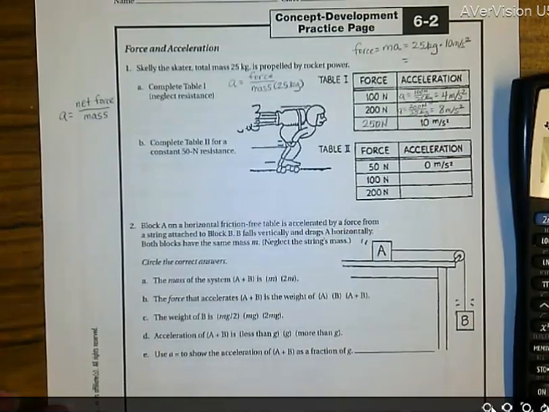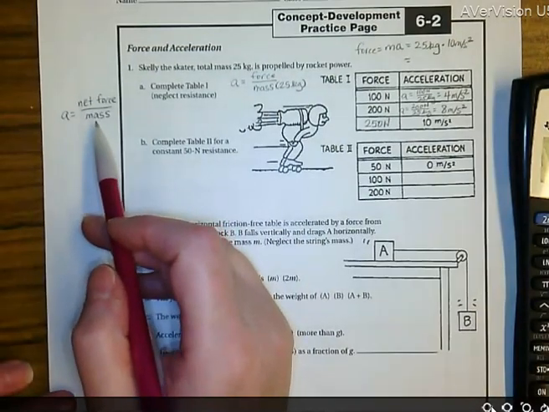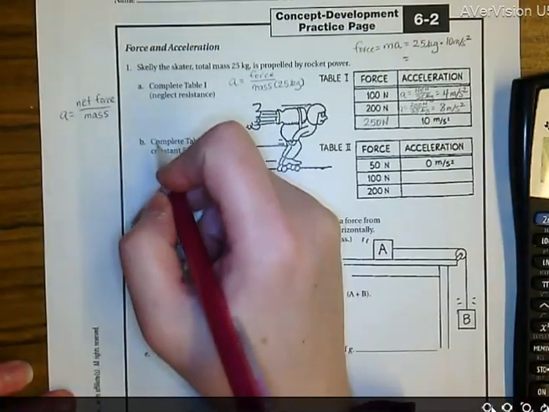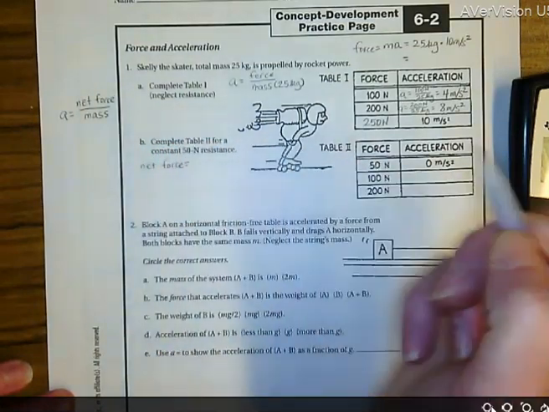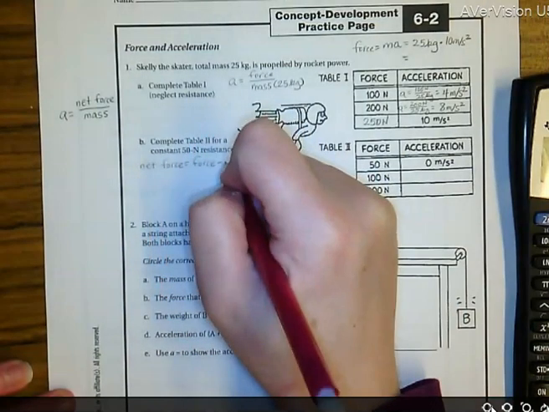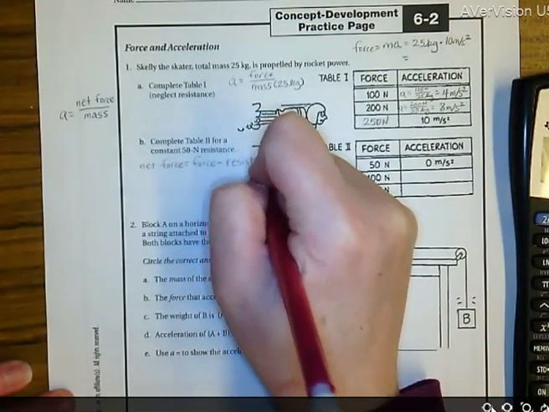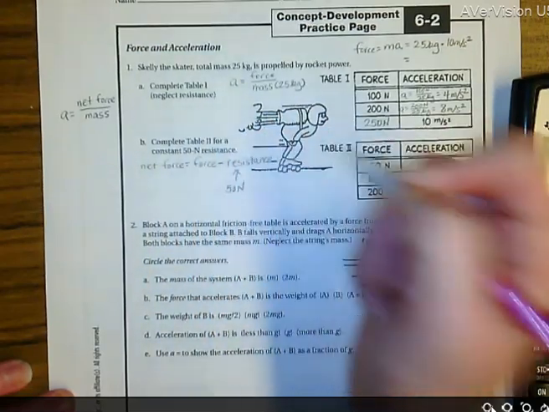B says complete table 2 for a constant 50 newton resistance. So remember, this is net force. Here, to figure out my net force, it's going to be the force that they give me in my table minus my resistance. And this time my resistance every time is 50 newtons.